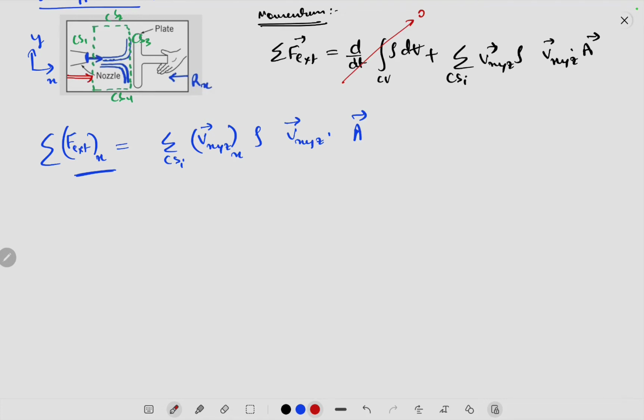Let's just take this pressure force. What will this pressure force be? This will be nothing but P atmosphere times the area of this CS1, and this area is actually the area of the plate. And what will be the force from this side?